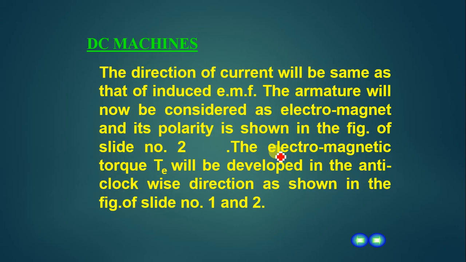So the direction of current will be the same as that of the induced EMF. The armature will now be considered an electromagnet, and its polarity is shown in the figure. The electromagnetic torque will be developed in the anti-clockwise direction as shown in the figure.